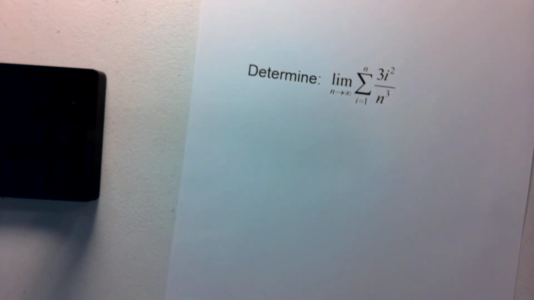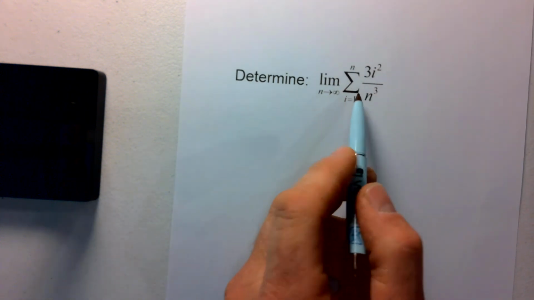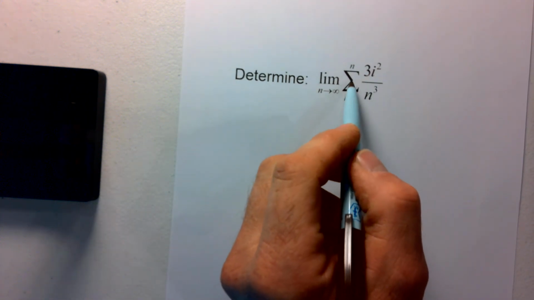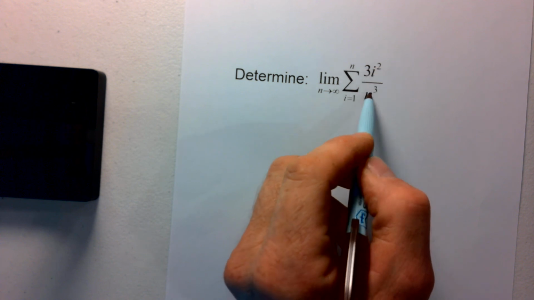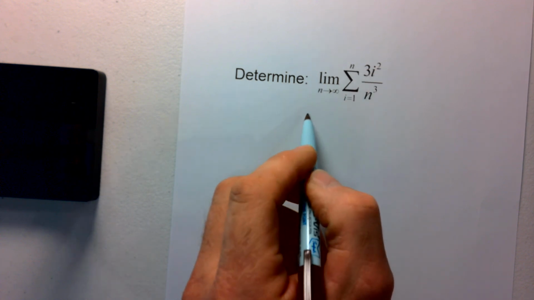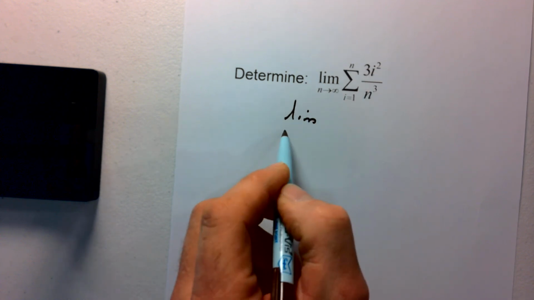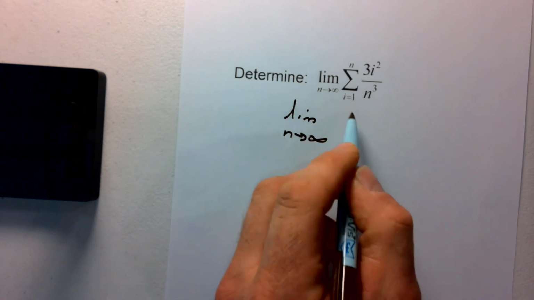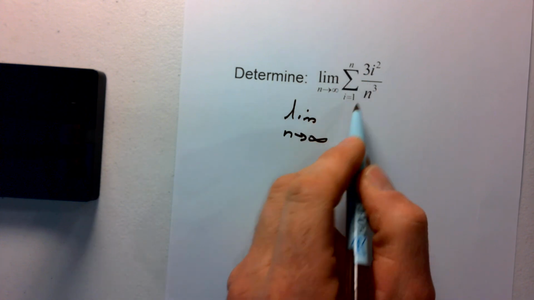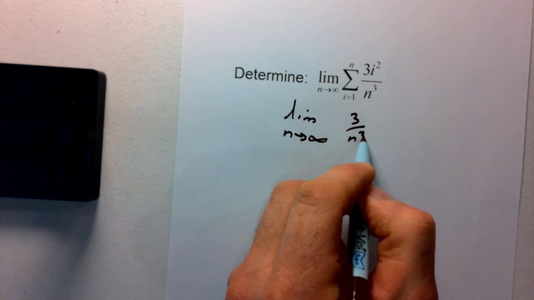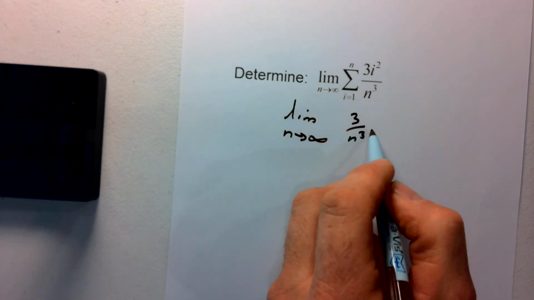I have one last one to play around with. Again, I have a summation of 3i squared over n to the third, and n is going to infinity. So I can rewrite this as the limit as n goes to infinity. I can bring out the 3 and the n to the third, because they're not going to change. Only the i is changing.